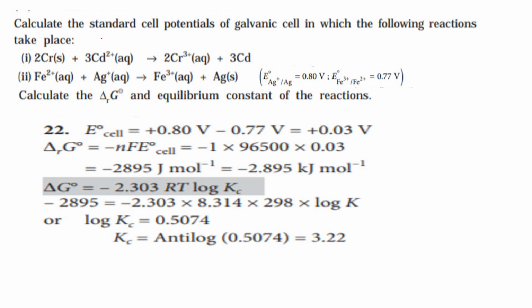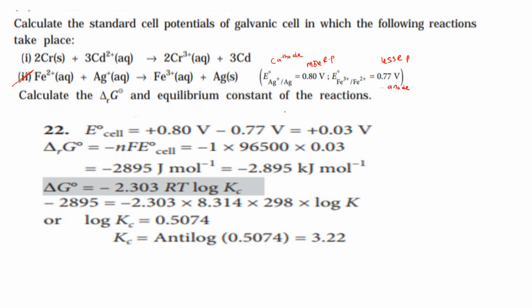Next, one more problem we'll take. Second problem I'm doing here. Actually, E naught cell we need to calculate first. Now this one has more reduction potential and this one has less reduction potential. This will be the anode and this will be the cathode here.